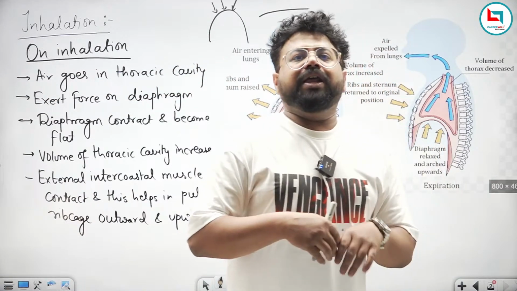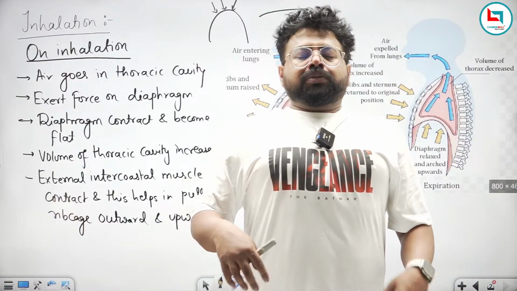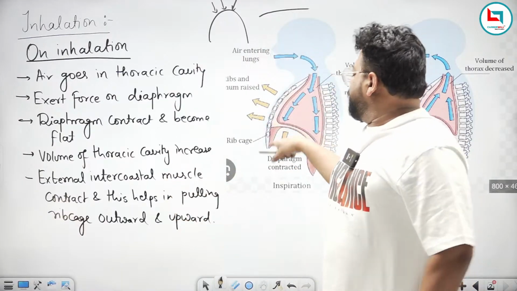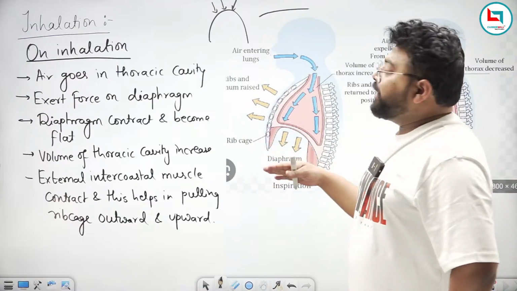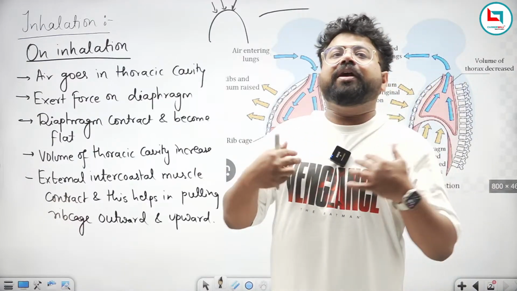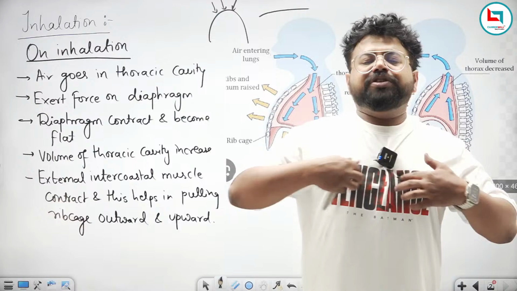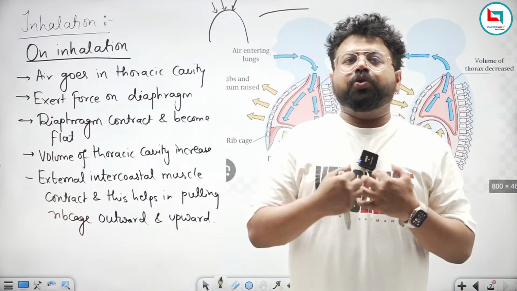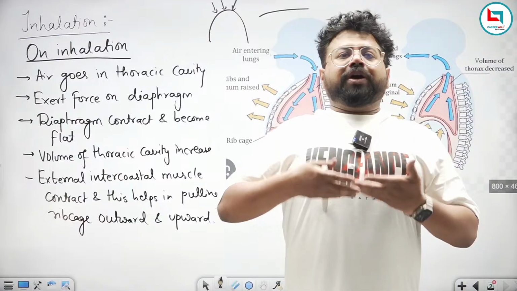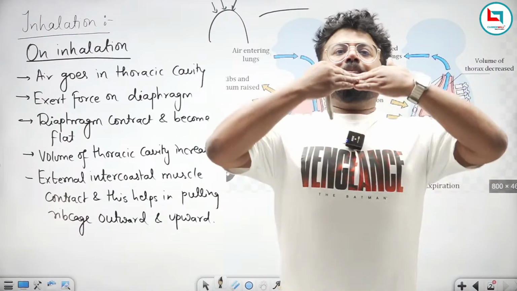When we are inhaling the air, the diaphragm, which is a dome shaped structure, becomes flat or gets contracted, as well as the external intercostal muscle, the muscle which is present between the ribs, is pulling our rib cage outward and upward.